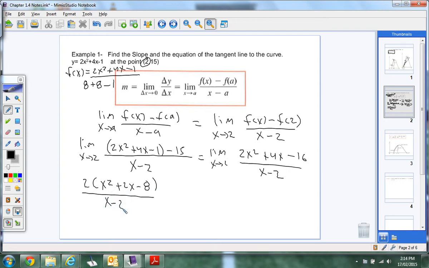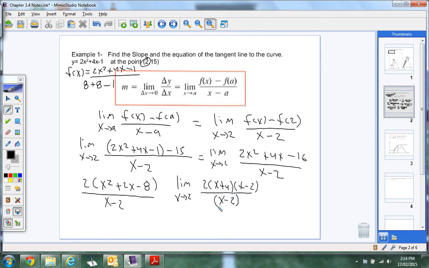Can I factor x squared plus 2x minus 8? X plus 4, x minus 2. Good. So now we have this. Limit as x goes to 2 of 2 times x plus 4, x minus 2, all over x minus 2.